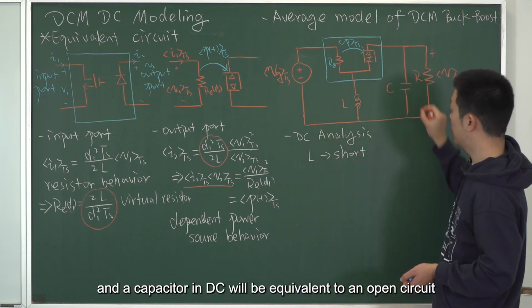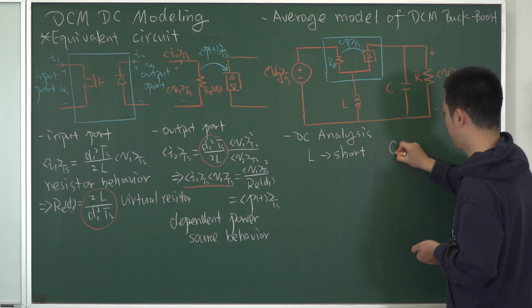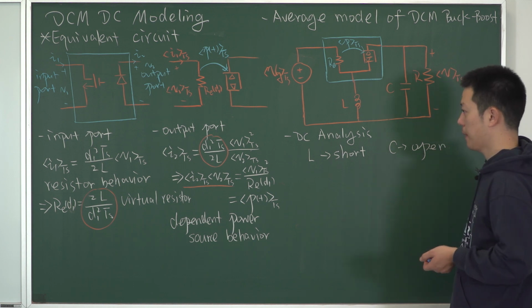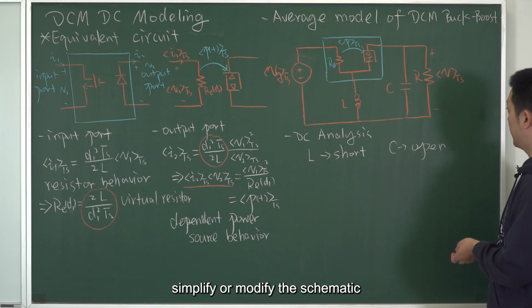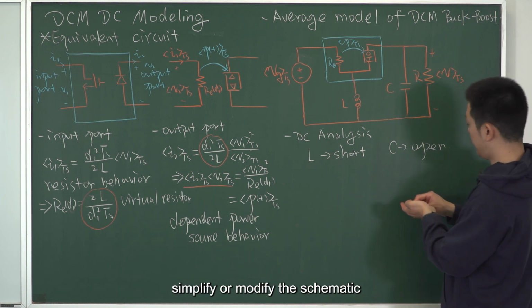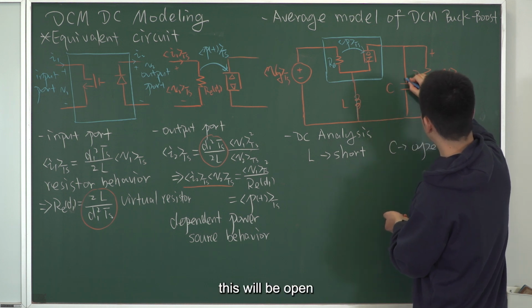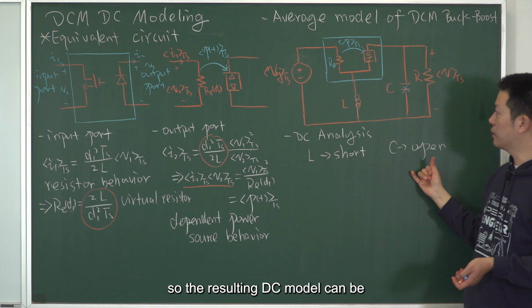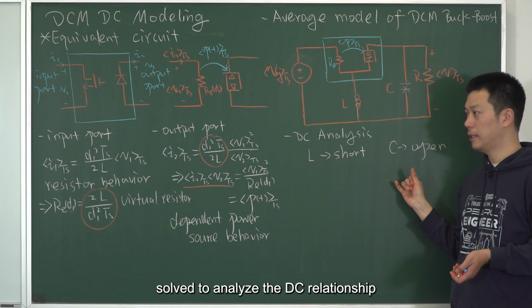And the capacitor in DC will be equivalent to an open circuit. So we can simplify, or modify, the schematic. So this will be short. This will be open. So the resulting DC model can be solved to analyze the DC relationship.